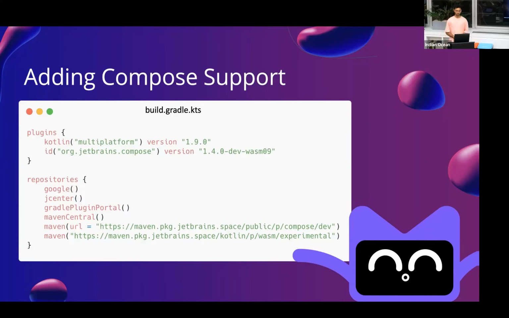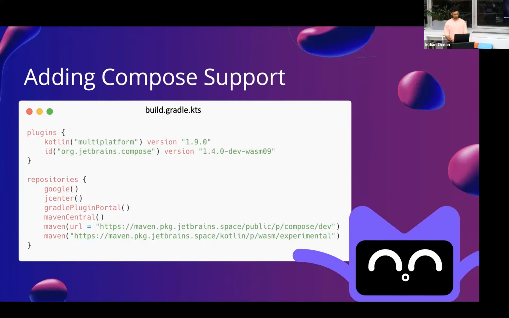Then we are using a Compose version as 1.4.0, WASM 09. Then repositories where we have to fetch our CDN from. So we are using Google, JCenter, Gradle plugin properties, Maven Central, then Compose, and WASM experimental.